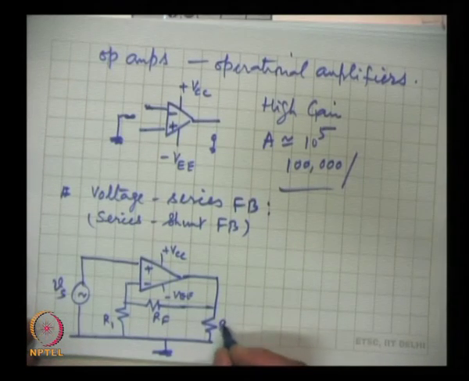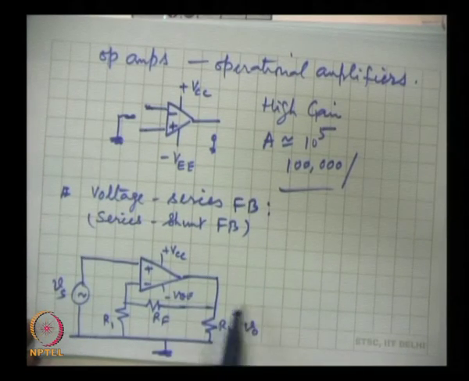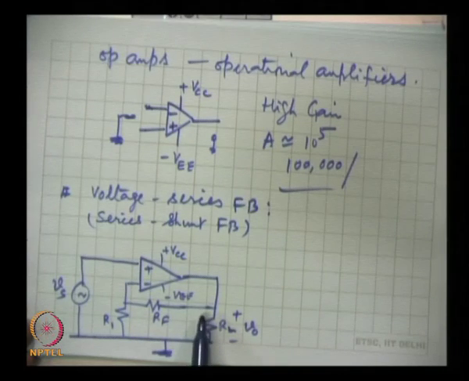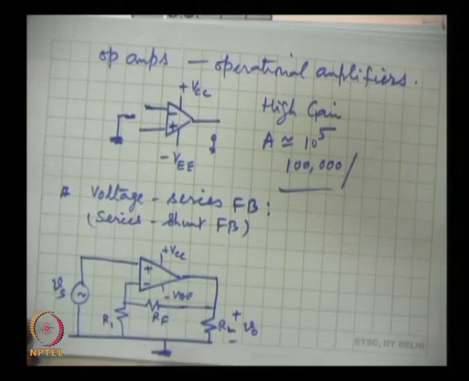Here this is RL, and the voltage developed across RL, the load resistance, which is V0, a fraction of this is fed back through resistance. So, this R1 and RF network forms the feedback network, and it is also acting as a voltage divider. So, V0 is divided, and the part which is dropped across R1 is fed back in this circuit.